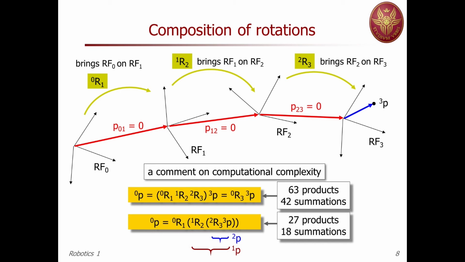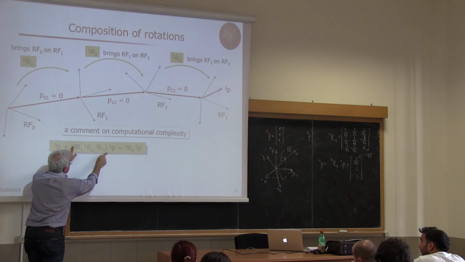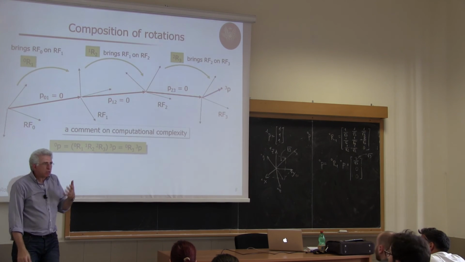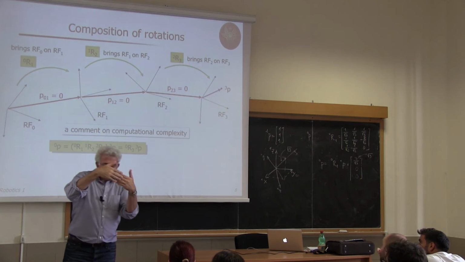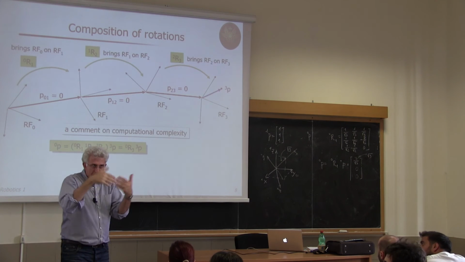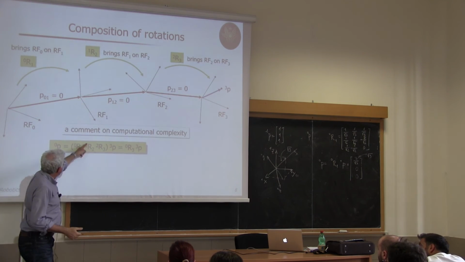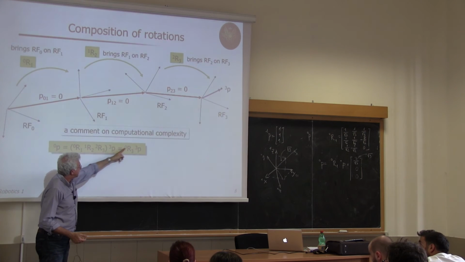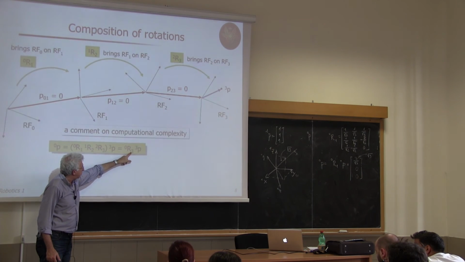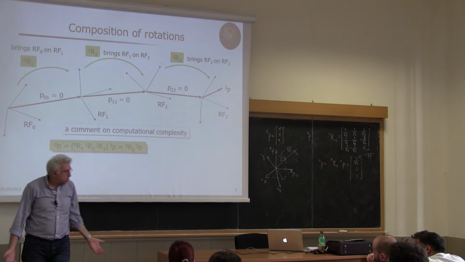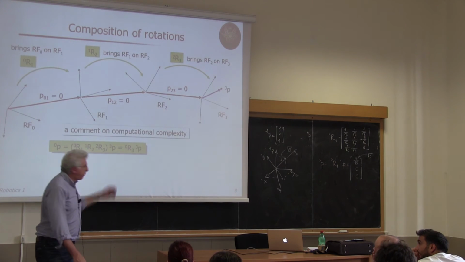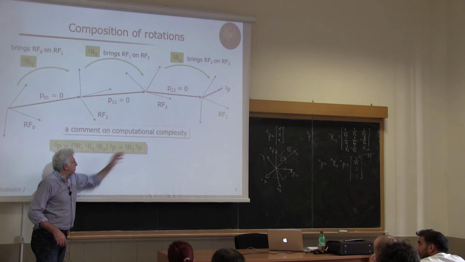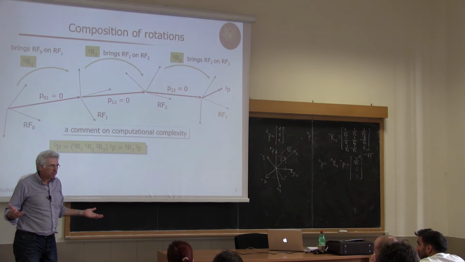So what does this product express? The orientation of frame 2 with respect to frame 0. And then this product as a whole can be written in this way because the simplification of contiguous subscripts and superscripts is consistent. So this cancels, this cancels. What is left is the representation of the orientation of frame 3 with respect to frame 0. Fine. Now I have this vector. I multiply this vector by this matrix, and I'm done. Okay?